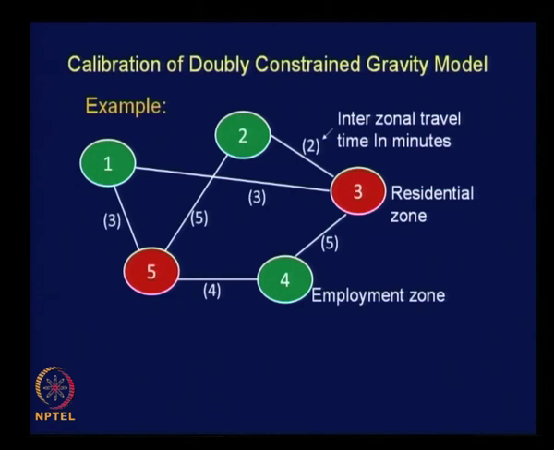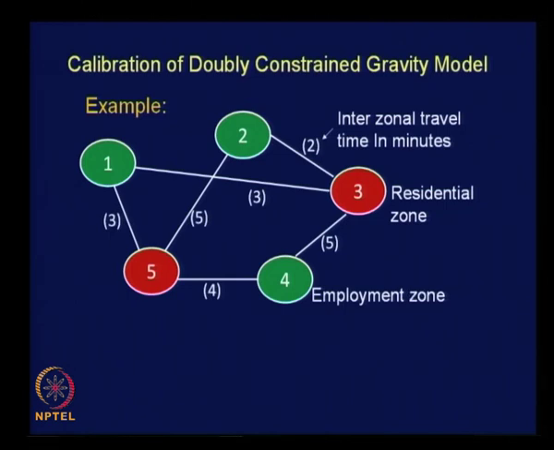Also, please note that zone 3, for the purpose of trip connectivity, is connected directly with zone 2, zone 1 and zone 4. There is no connection of 3 with the other zone, namely 5. Similarly, zone 5 is connected to 1, 2 and 4.